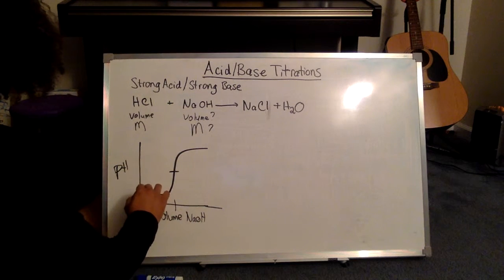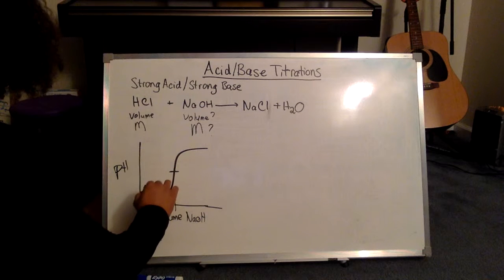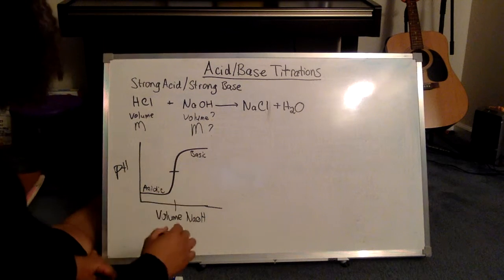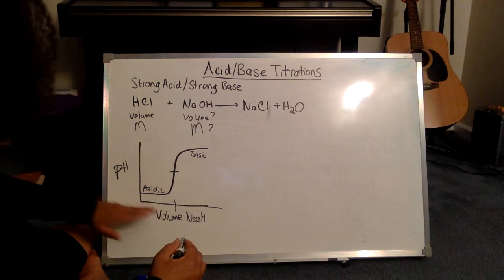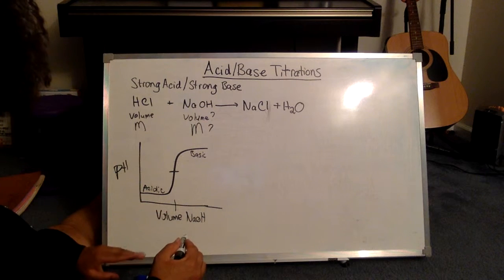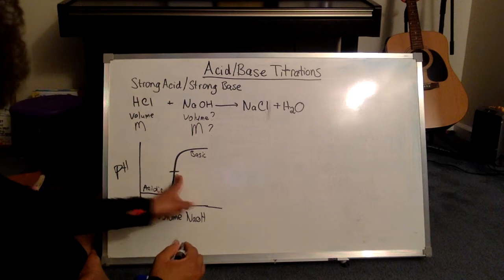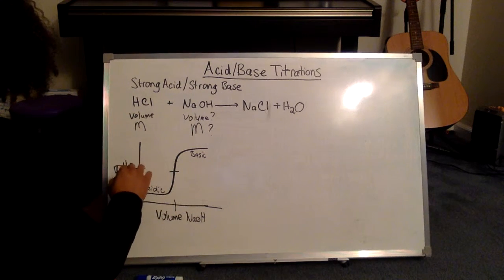So it's acidic, and then it becomes basic. So we see that as we increase the volume of sodium hydroxide, we eventually reach a point where the pH is balanced exactly at 7.0.